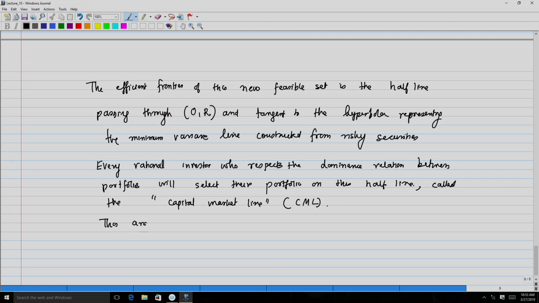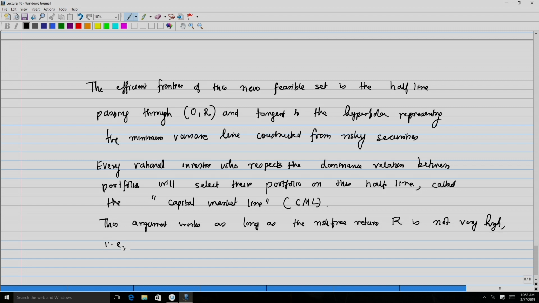Now, this particular argument that I have just made will work as long as the risk free return R is not very high. Okay.